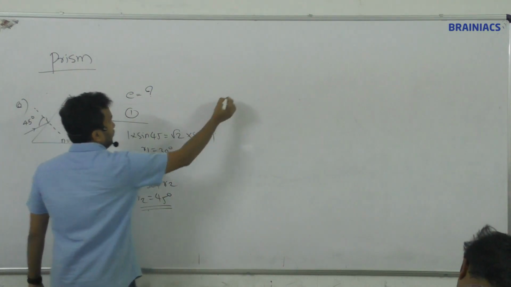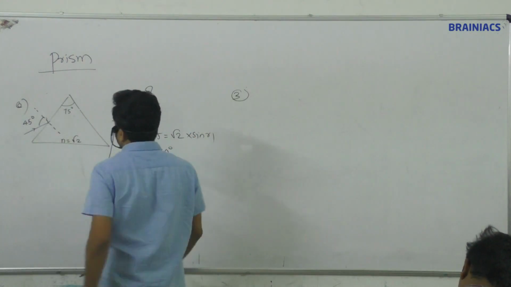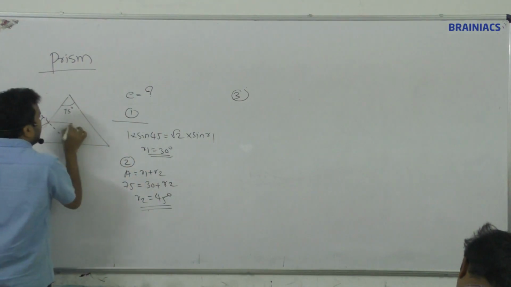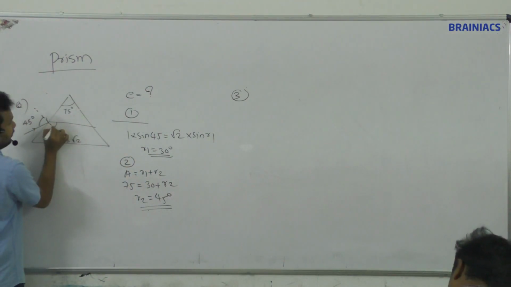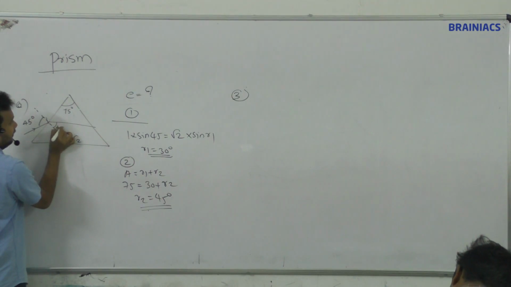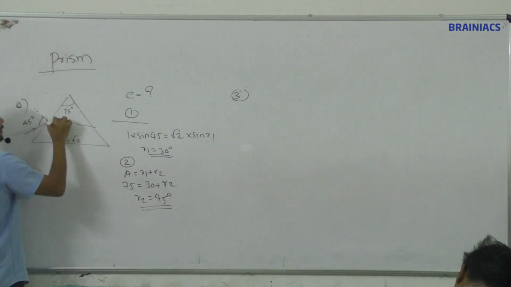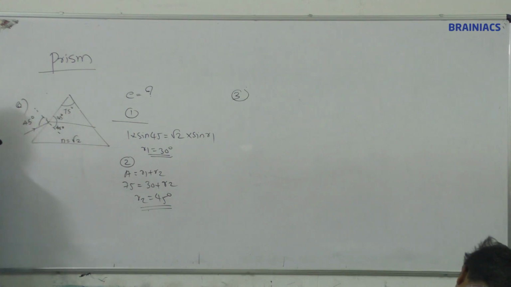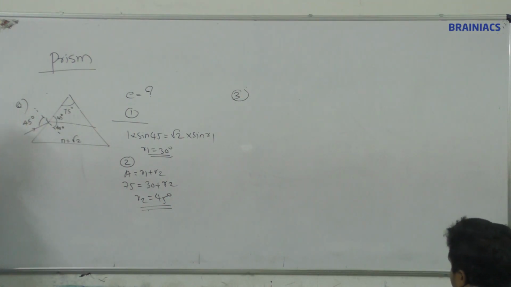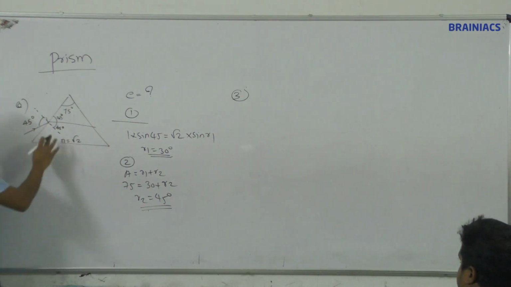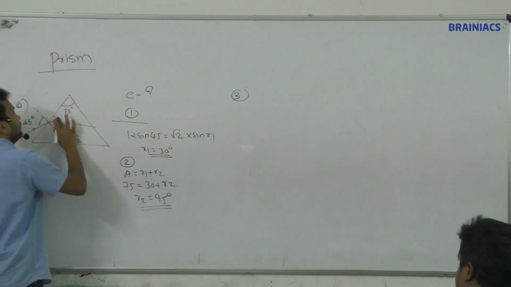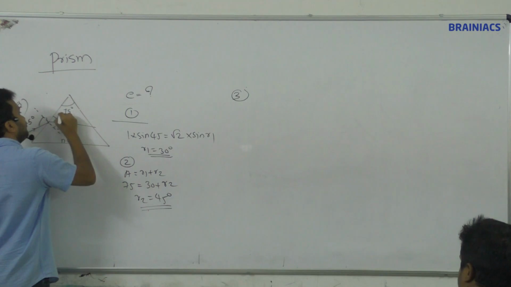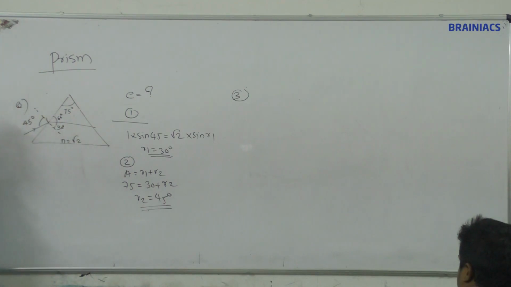Again applying Snell's law for the third face. What I understood from here is the ray is coming like this, angle of refraction 45. If this is 45, then this is also 45. R1 is 30 degrees, so definitely this becomes 60 degrees.